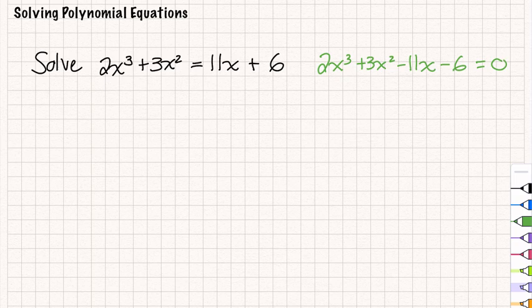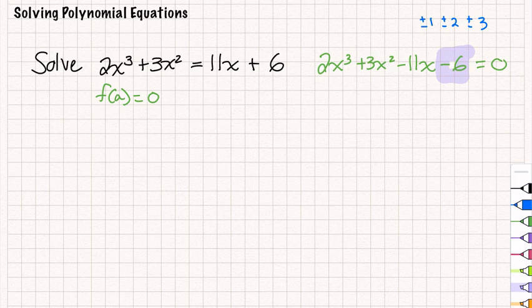Now that we've moved everything to one side, the first thing we're going to do is find a factor of this equation. As we saw in the last few lessons, we can apply the factor theorem. So we're looking for which value of a is going to make our equation equal 0. Now we're going to use -6. So numbers that go into -6 are plus and minus 1, plus or minus 2, plus or minus 3.